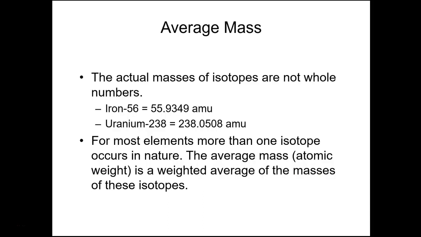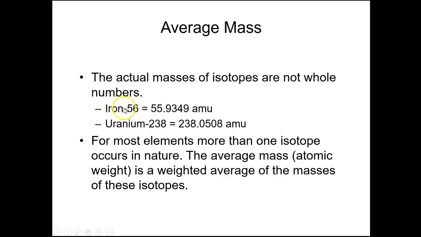So let's talk about a couple things. As it turns out, the actual masses of the various isotopes of various elements are not whole numbers, and we won't go into this in detail as to why, but they're usually slightly more or slightly less than the actual name of the isotope.